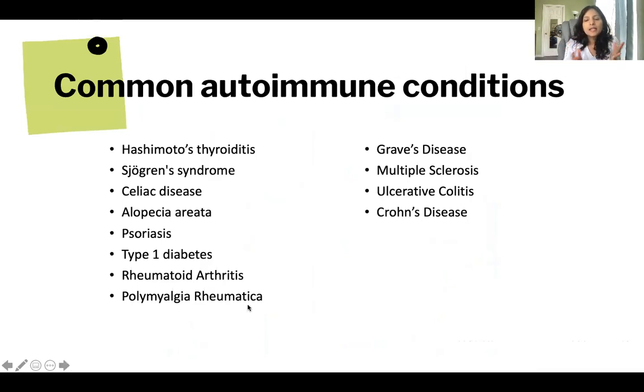And these are some examples of common autoimmune conditions. Hashimoto's thyroiditis, which is an autoimmune form of hypothyroidism. Interestingly, about 80 to 90% of people who are diagnosed as hypothyroid can have Hashimoto's.